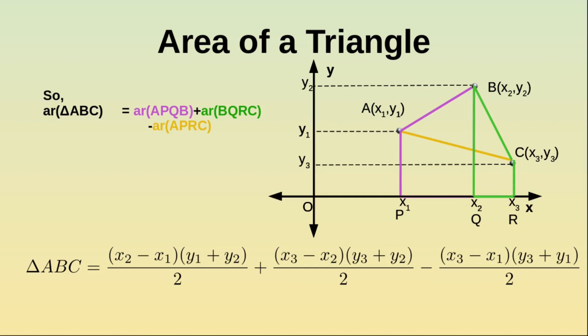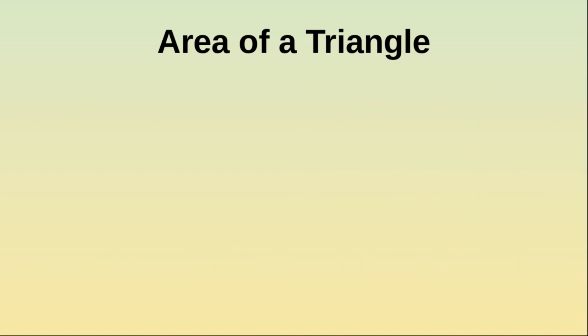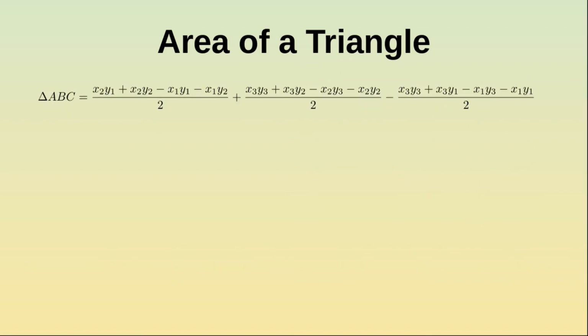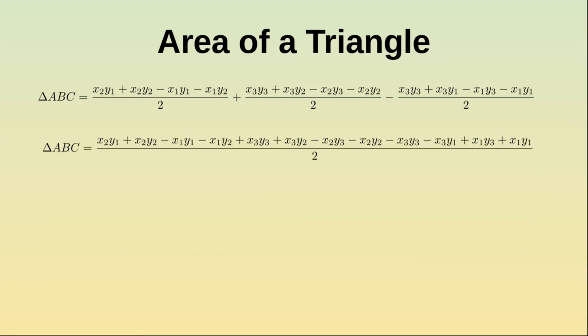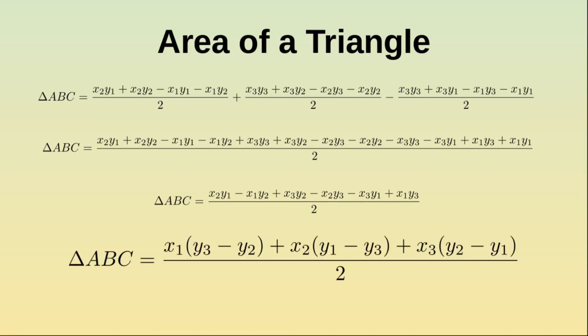Now we will be basically simplifying this formula of the triangle ABC. So we will be having something like this. Then on further simplifying, actually we are opening up the brackets and then multiplying the corresponding terms, we can simplify it further. Then we will be having this. And now finally we will be arranging this area of the triangle ABC into something like this.